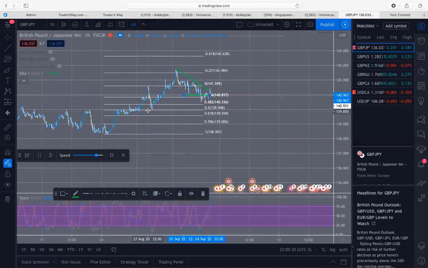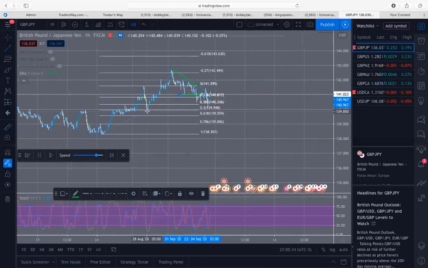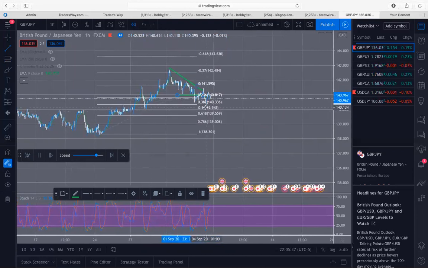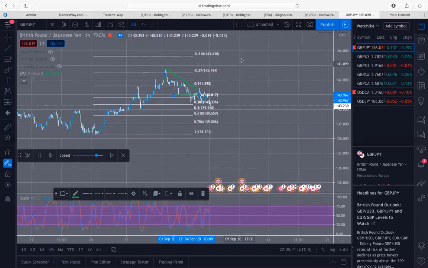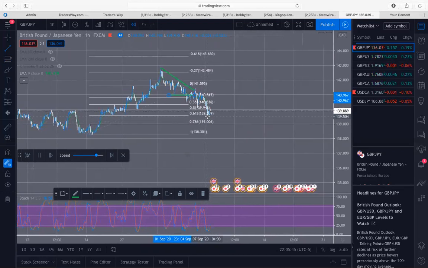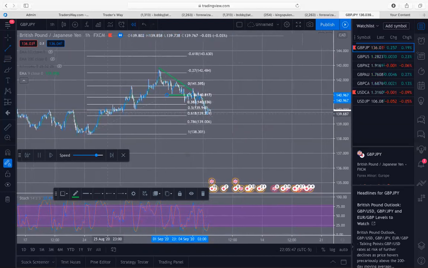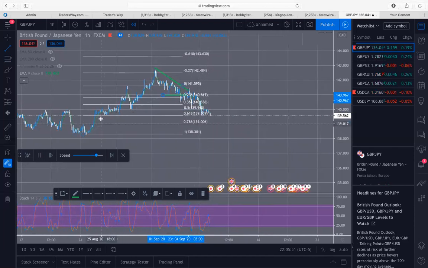It's still a higher low. So until we break this, we're not even looking for a sell, right? So it's still a higher low. So we're still thinking buy. We're still thinking buy. Now it's testing the support level, and it's still a buy until we get a break.